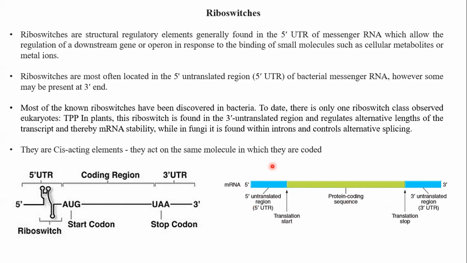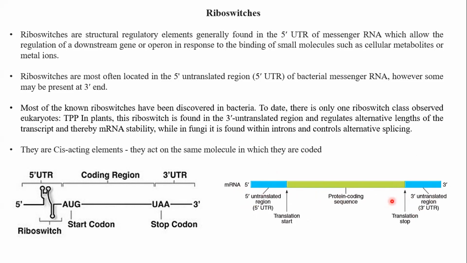After it gets fully synthesized, it has a 5' UTR, meaning 5' untranslated region. That means this particular region will not get translated. Second is the protein coding sequence, which will have amino acid sequence, which will get translated, and again there is a 3' UTR. The 3' untranslated region will not get translated.